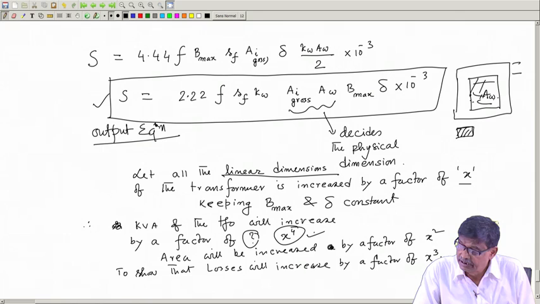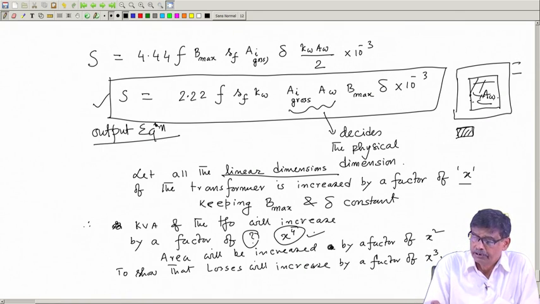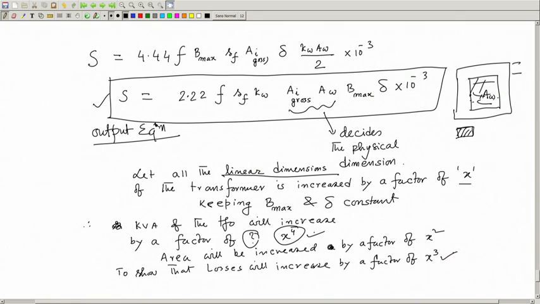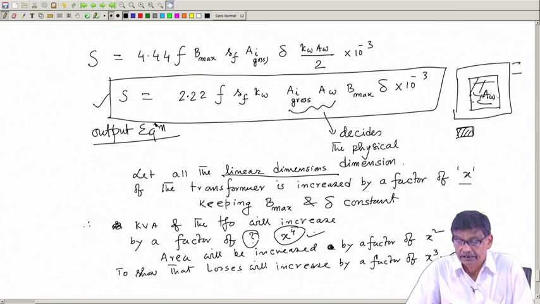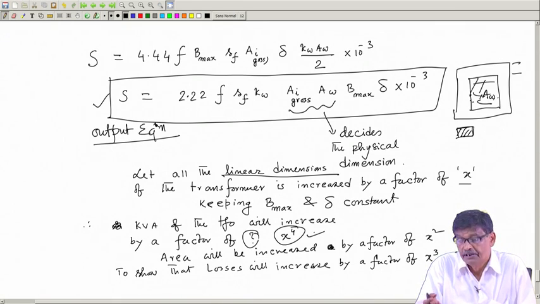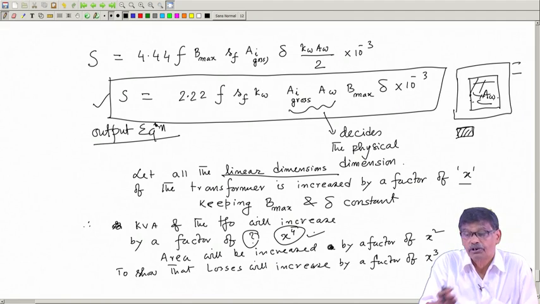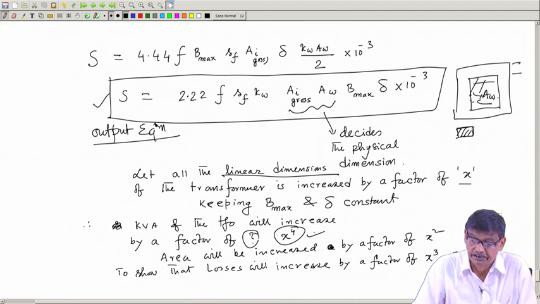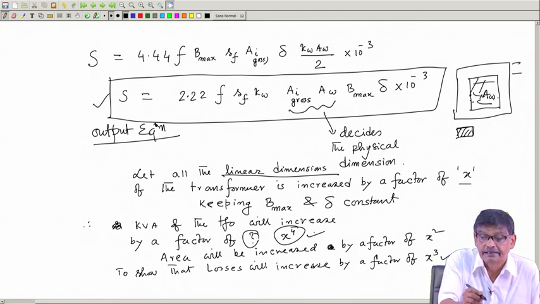Then I stopped here, we went up to this point. We can easily show that losses in the transformer for this bigger transformer, whose kVA rating is now x to the power 4 into s, if s was the original kVA rating, the losses will increase by a factor of x cube.